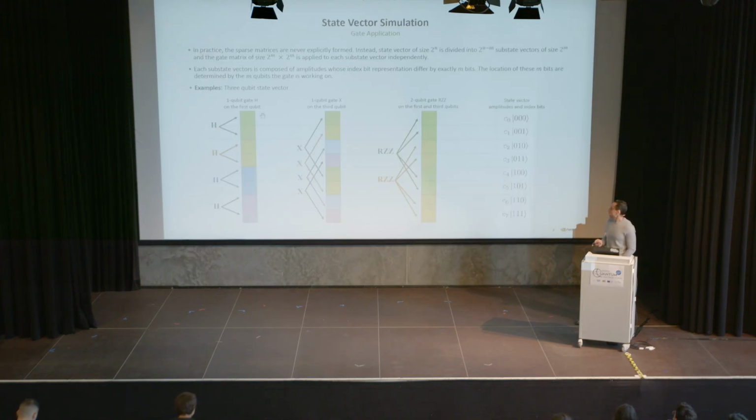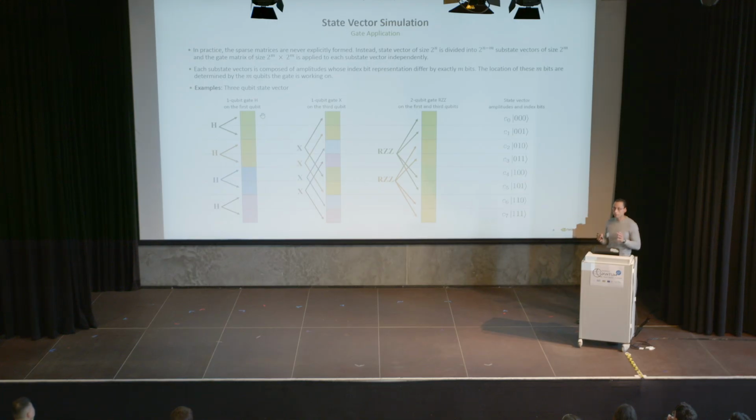What we do instead is take advantage of the regularity of the sparsity, and we convert this huge sparse matrix vector multiplication into many independent smaller matrix vector multiplications. In these smaller dense multiplications, the gate is now the gate matrix itself, and the vectors are subvectors of the full state vector.